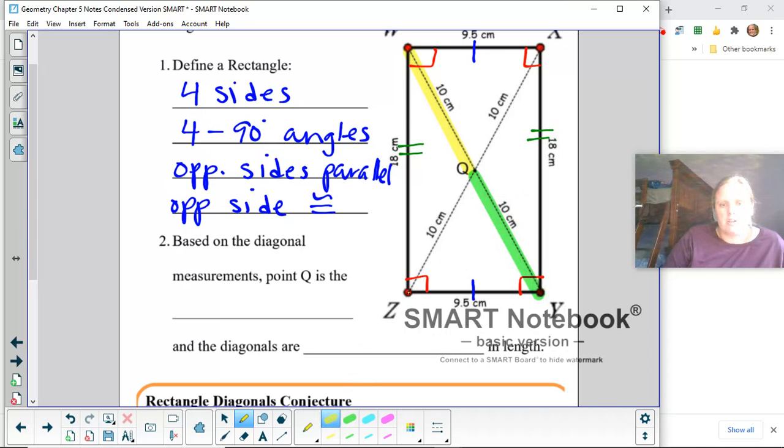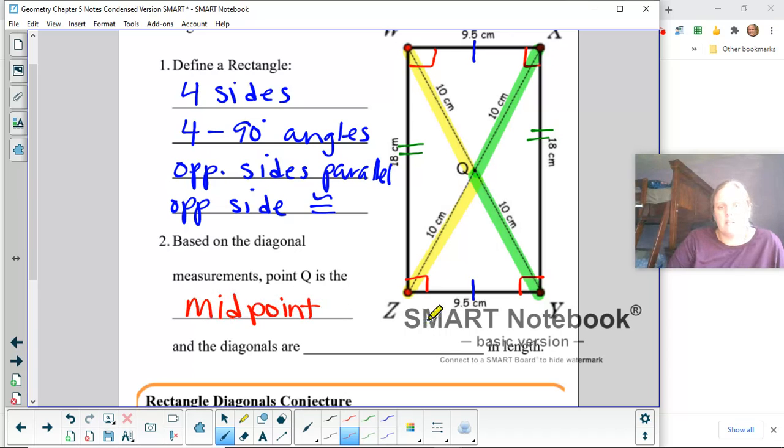If I look in the other direction, Q and to the other corner, 10 centimeters as well. So that's telling me that point Q is in the middle, or it is the midpoint. But not only is it the midpoint, this rectangle has diagonals that are the exact same length. So they are congruent in length.